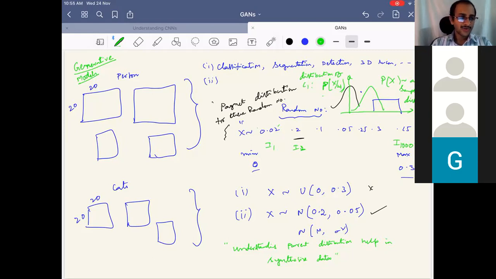Now say, for example, we apply these generative models on this person data set. As I mentioned, these are all 400 cross 1 vectors, in a 400-dimensional space. Assume that I know how the distribution of these persons is.